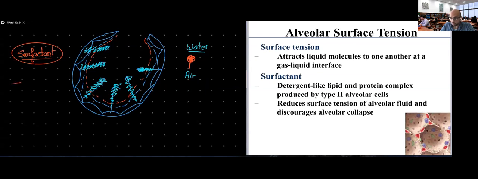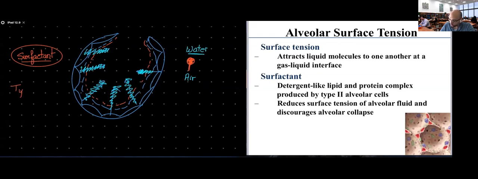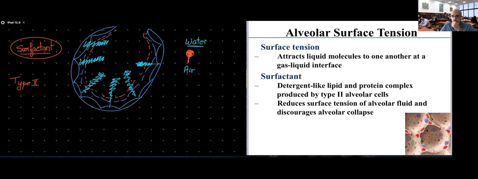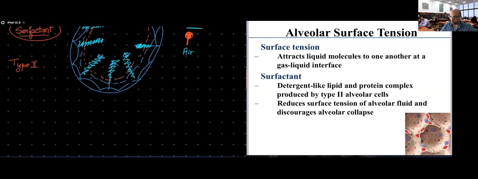Type 2 alveolar cells, exactly. Type 2 alveolar cells. Those are the pneumocytes responsible for the production of the surfactant that will be reducing the surface tension.